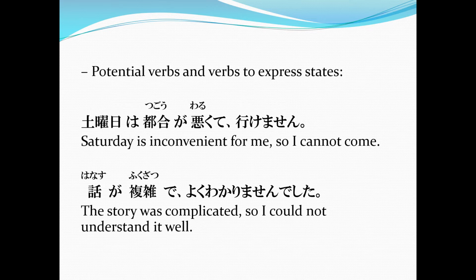In the first example, the speaker uses it with an i adjective. So instead of saying warui desu kara, the speaker says warukute. And in the second example, fukuzatsu is a na adjective. So instead of saying fukuzatsu desu kara, the speaker says fukuzatsu de, meaning because.